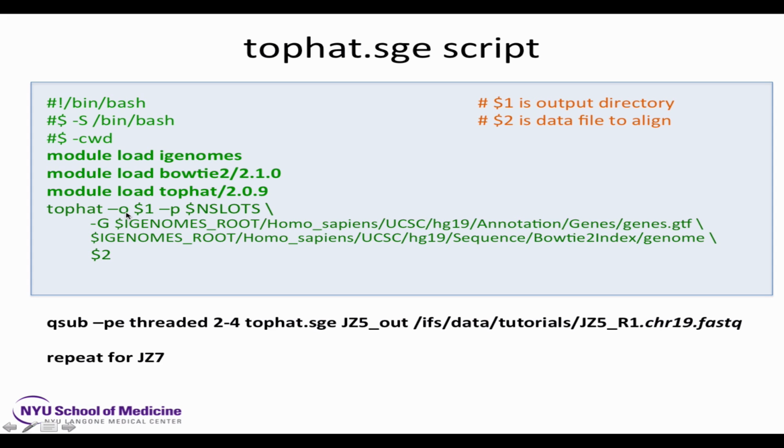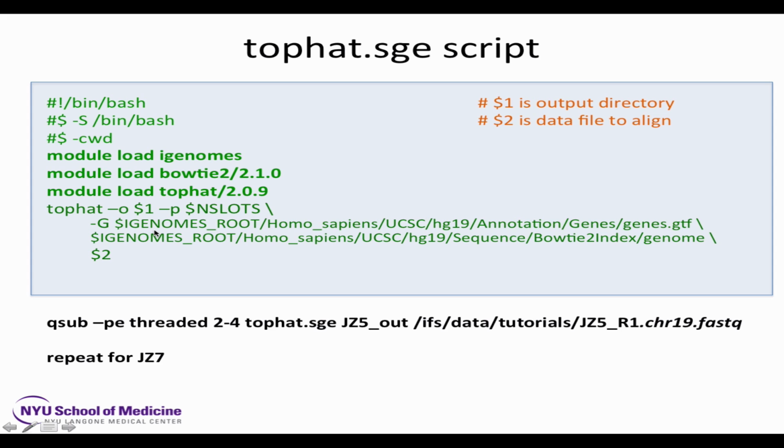This is really a useful trick because if I put the output and the input as variables, I can reuse the same script over and over again, and I don't have to rewrite my script every time I want to analyze a new data file. I find that to be extremely helpful. So instead of putting the name of the output file here, I'm just going to put $1, and I'm going to give the output name when I submit the job on the qsub line.